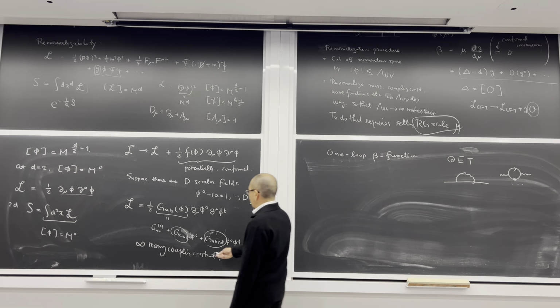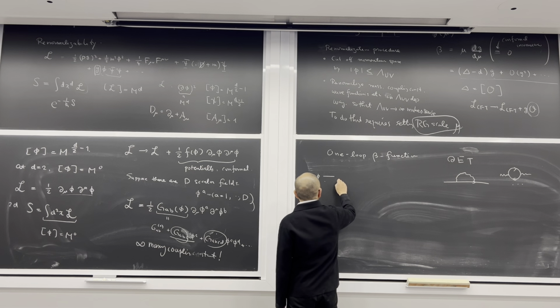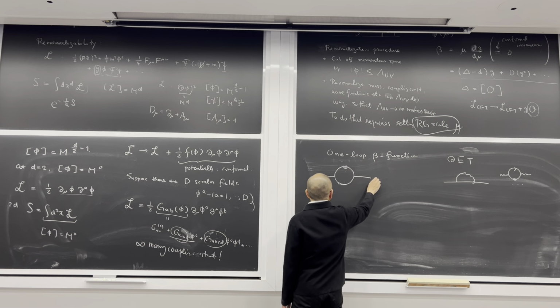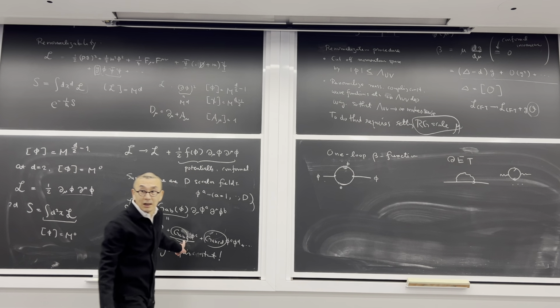For example, if you have this interaction, then you can have a scalar field coming in. So you have a phi coming in, and then you have a one loop amplitude. I guess it's a scalar, so you don't have an arrow. And you can have phi going around here, and you can have a 3-point interaction given by something like that.